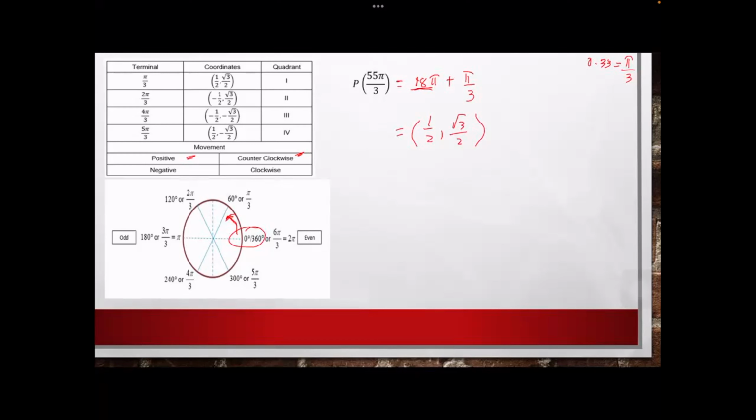Okay, next example. We have 83 pi over 3. What will be the answer if we're going to divide? Oh, anyone?